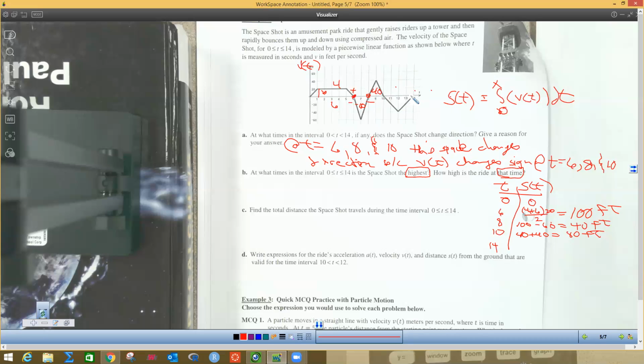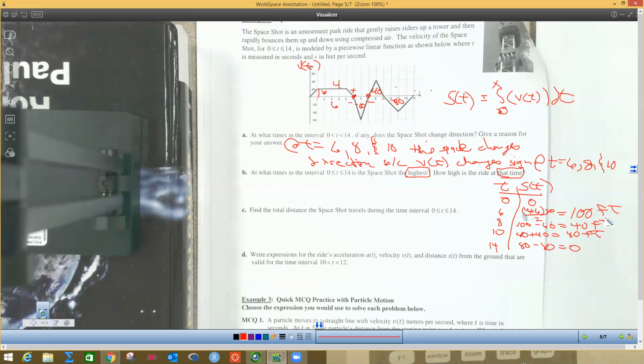So I got 1, 2, 3, 4, and then this is 20, and then that's 40. So 4 times 40 is 160, right? 160 divided by 2 is going to be negative 80, because it's below. So 80 minus 80 means we end up back where we were at the start of the ride at 0 feet high.